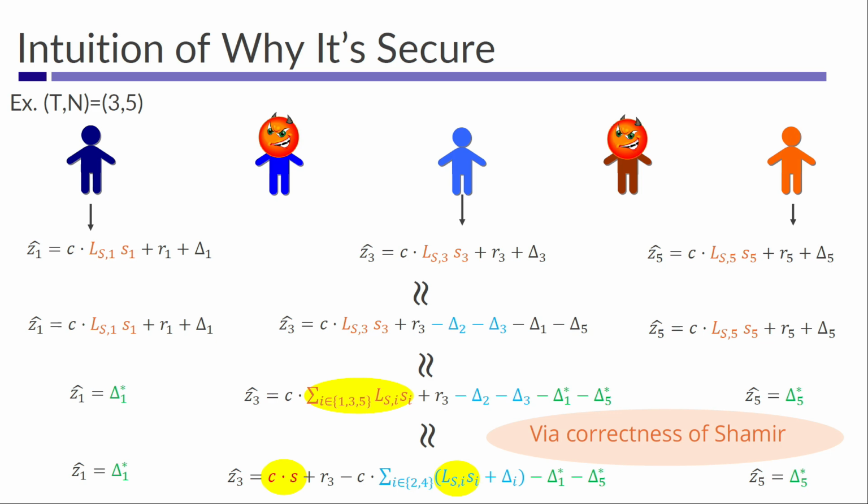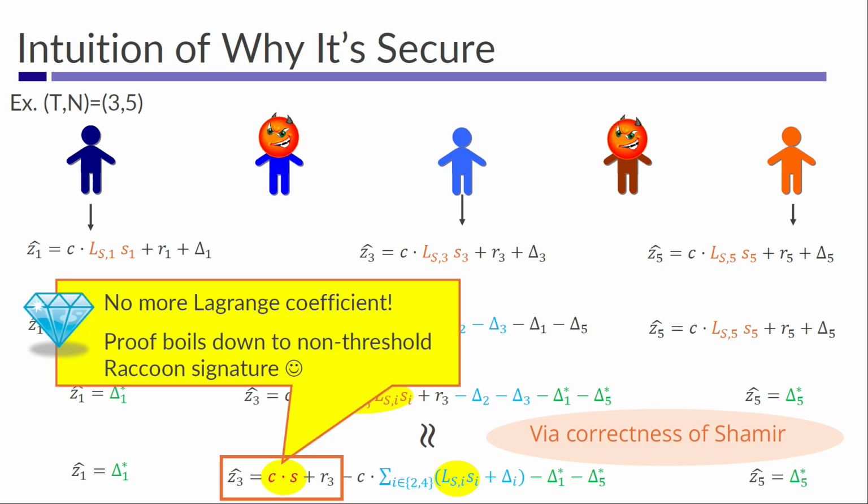So what happens is that we can get rid of this Lagrange coefficient, and we can write user 3's partial signature using only the actual secret key S. All the other parts, like depicted in blue and green, are just randomness or public to the adversary.